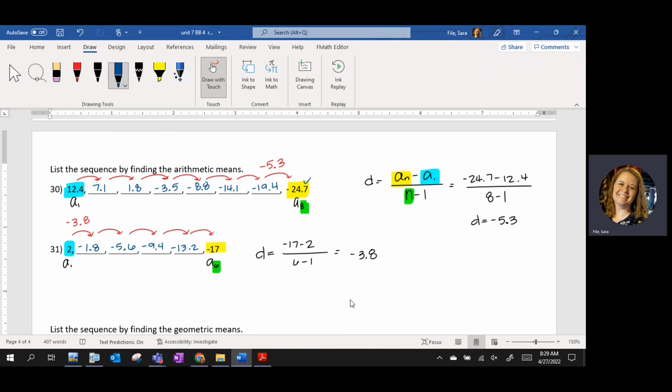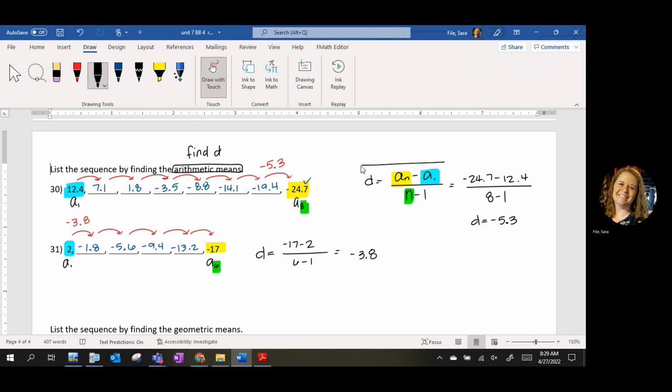So that is arithmetic means. You have to find D. So when you see this, arithmetic means, you should think find D. And you can just look on your formula chart for this formula. Good with that?